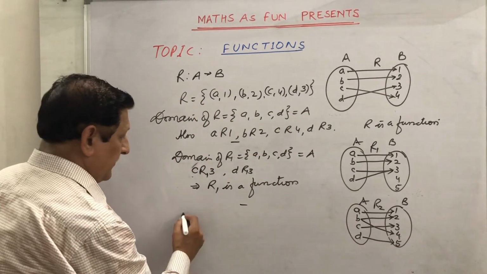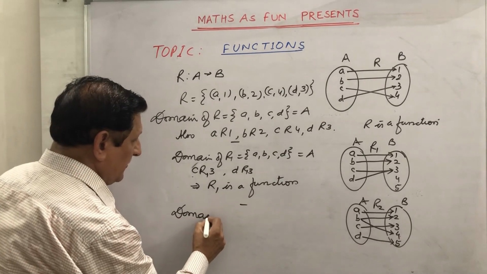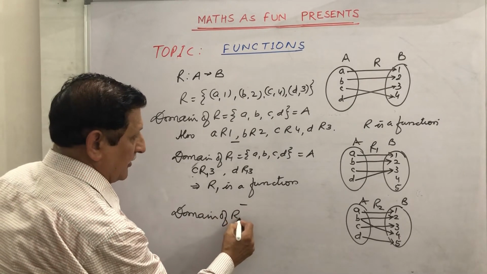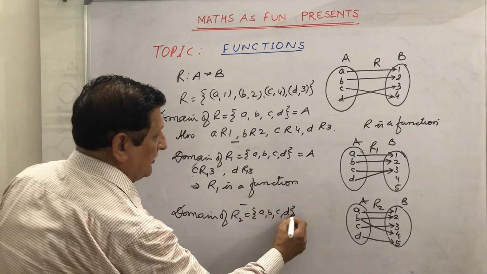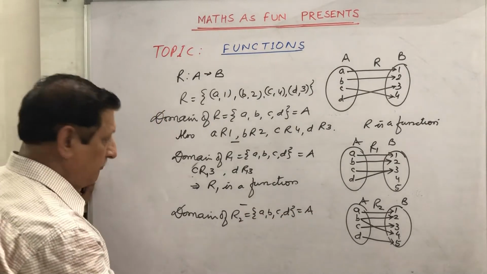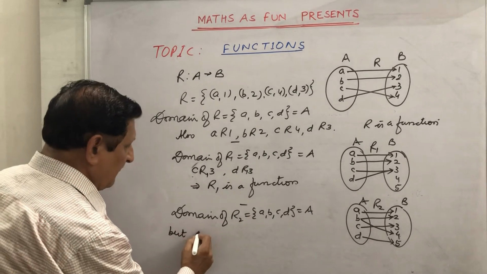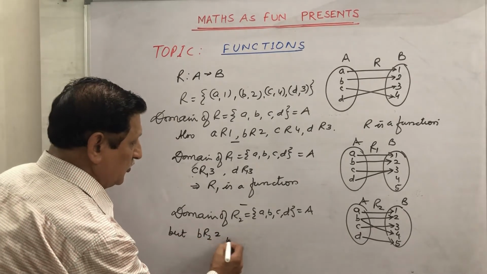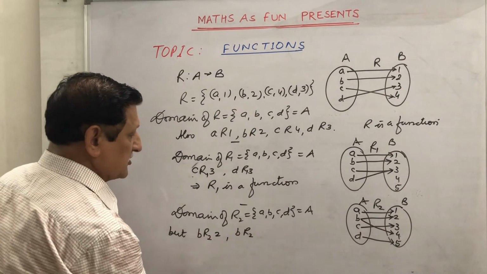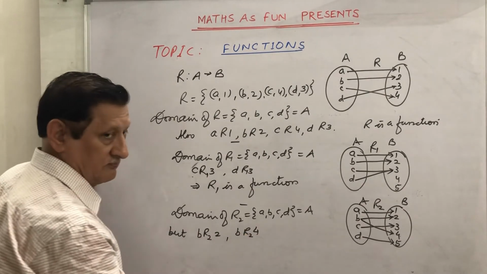We find here, of course, the domain of R2 is a, b, c, d, which is equal to A. But we find b has the relation R2 with 2, and b also has the relation R2 with 4.